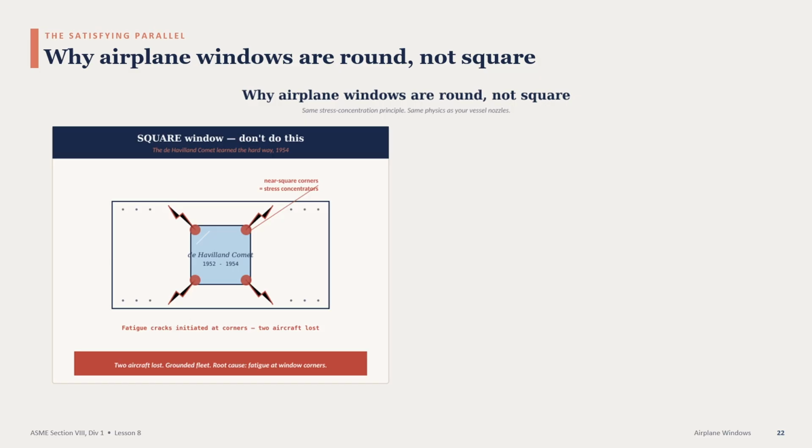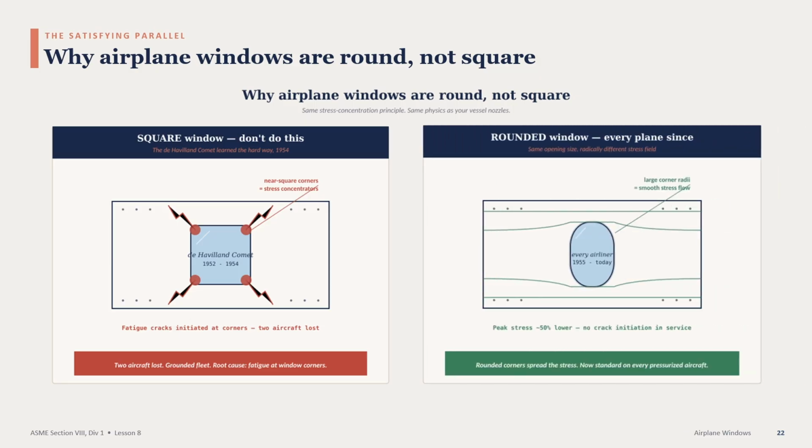The airline industry never designed a passenger jet with square windows again. This is what every airliner window looks like today. Large corner radii, rounded oval shape.